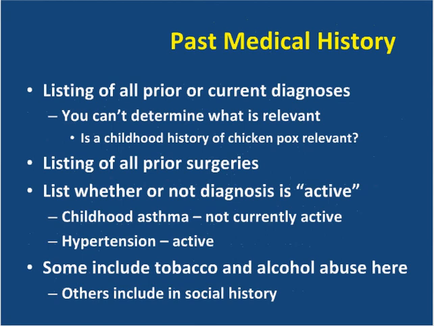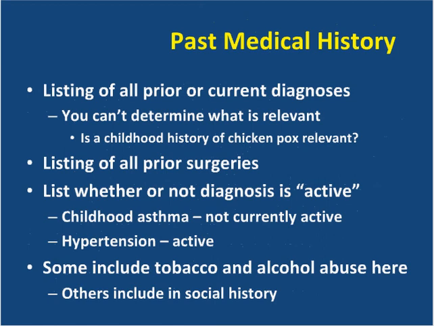If someone has a childhood history of chickenpox and they're complaining of severe chest pain, and on your exam you find a rash, that's incredibly important to your medical control provider so that they can determine that the patient has shingles. That may not be relevant to you when you're thinking about it initially, but it is relevant for medical control. So get that information.